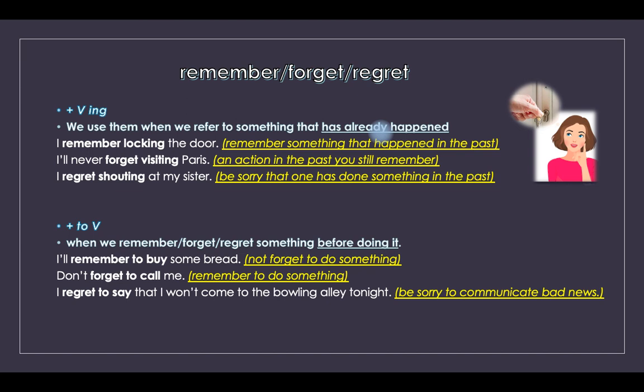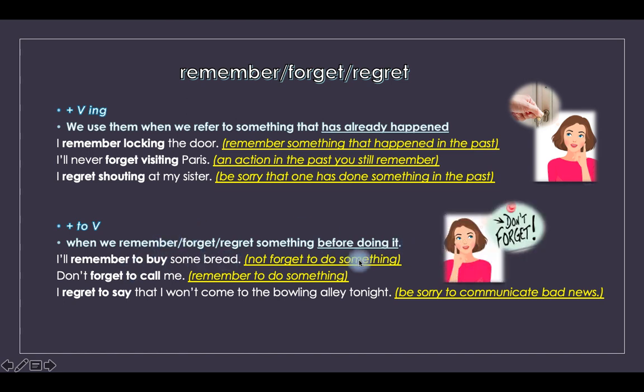But what happens when we use it with to? We use it with to when we remember, forget, or regret something before doing it. I'll remember to buy some bread. I will try not to forget to buy some bread. Ekmek almayı hatırlamaya çalışacağım.